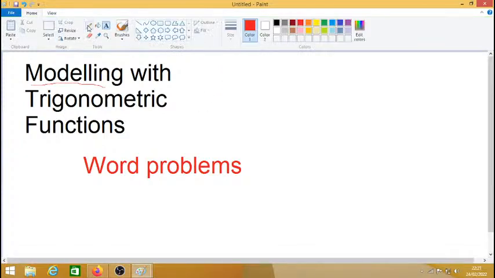In real life, there are too many factors involved. So you're only ever going to get close to the real answer, and that's why we call it modeling. Modeling is when you're getting very close to the real answer, but you're not expecting it to be perfect. So it's called modeling. Let's begin.